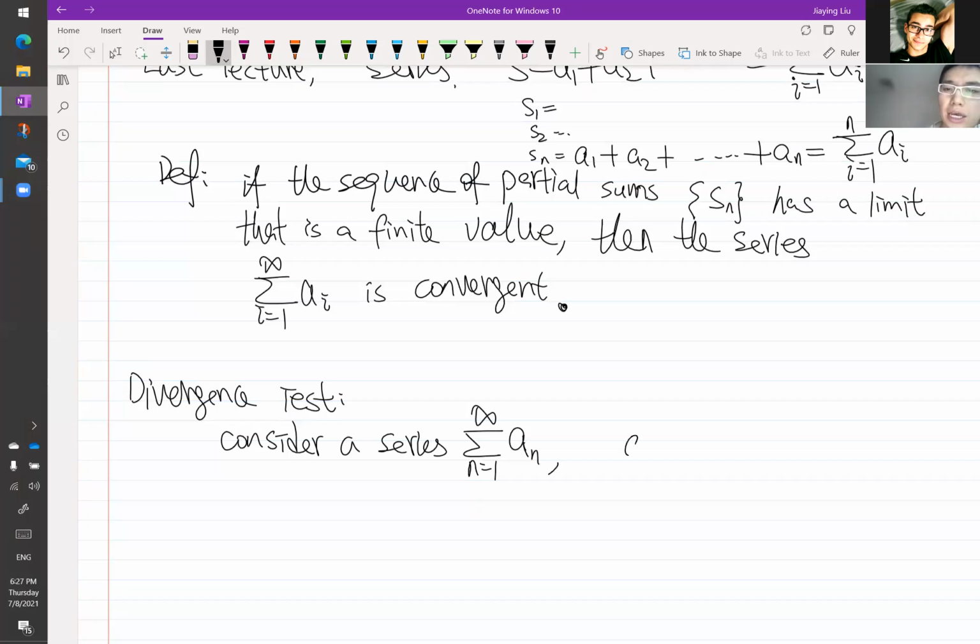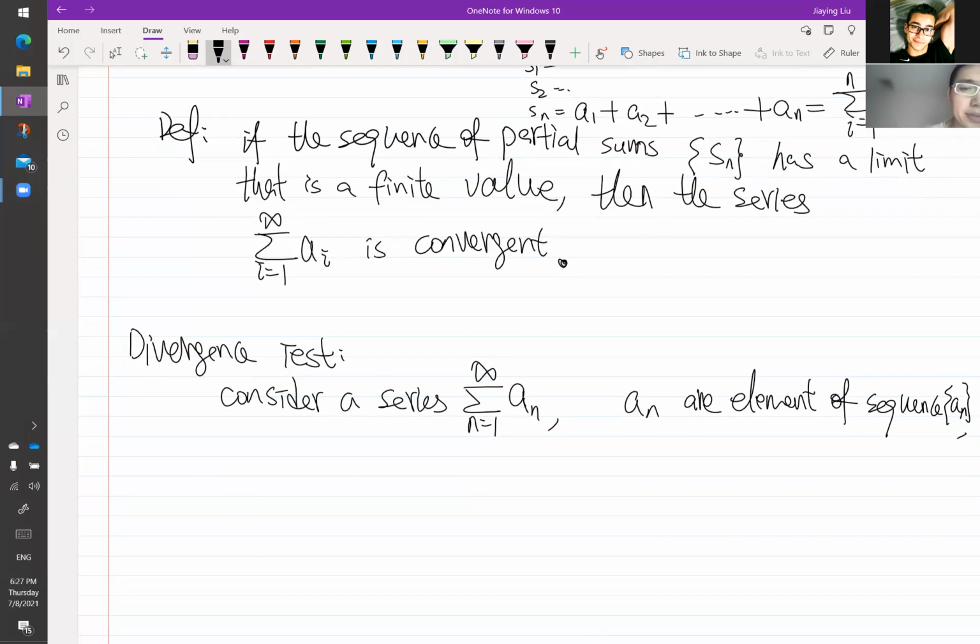The an, the individual elements, if we put them together, form a sequence. So an are elements of the sequence an. If we add those together, we get a series, but if we look at them individually, they are elements of a sequence.